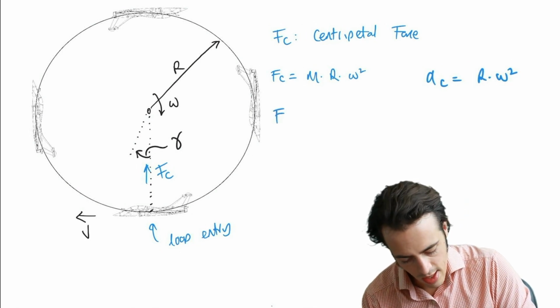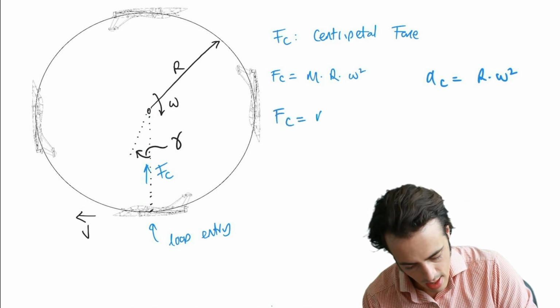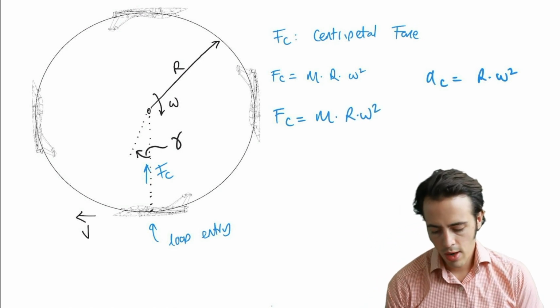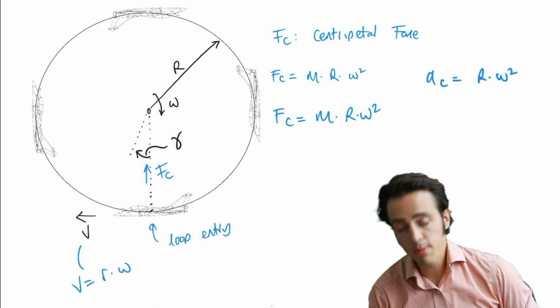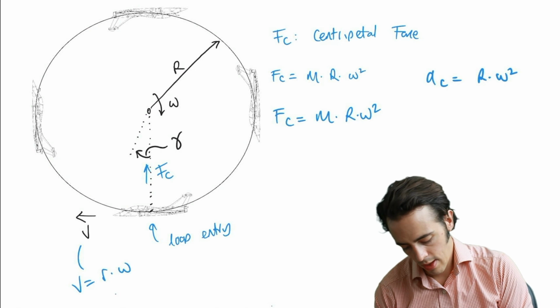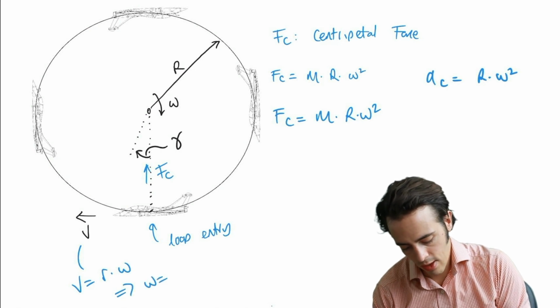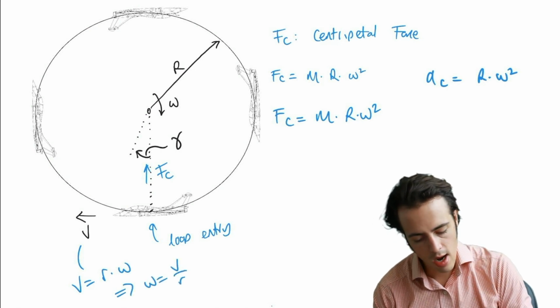We've got Fc is equal to m r omega squared, and then for motion in a circle, we know that v has to be equal to r multiplied by omega. So we can rearrange this to omega is equal to v divided by r.